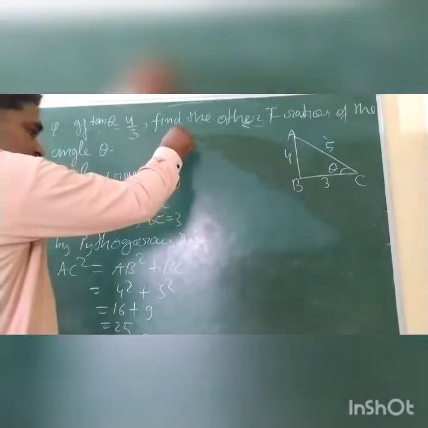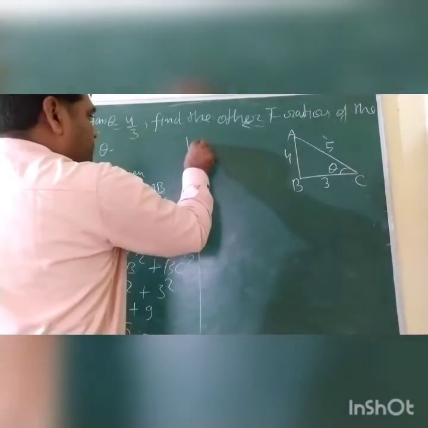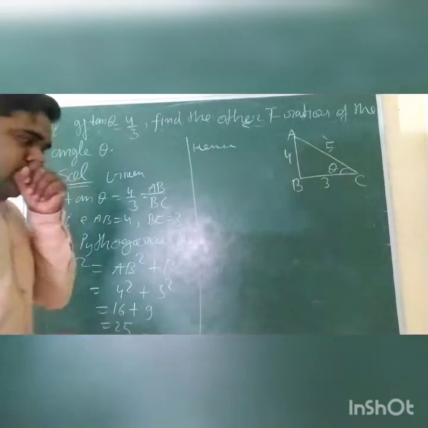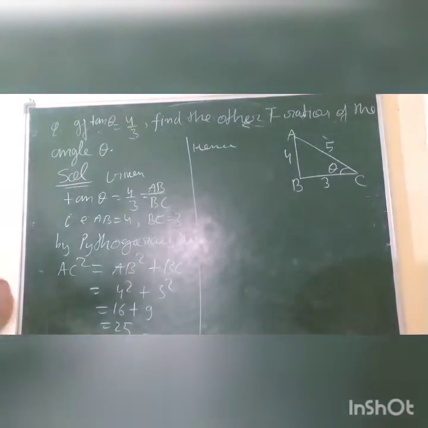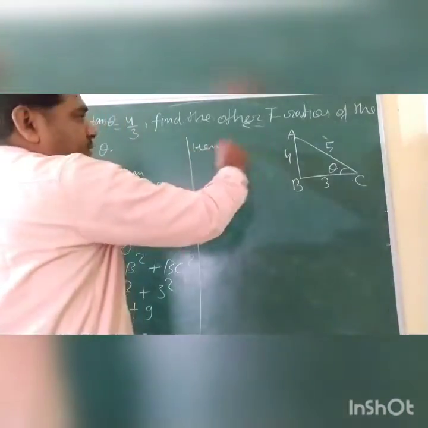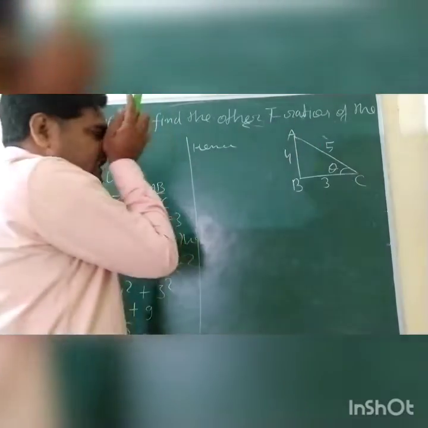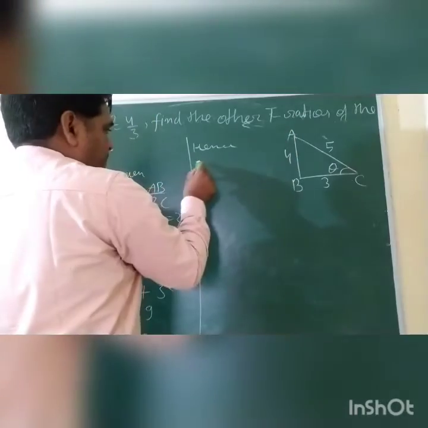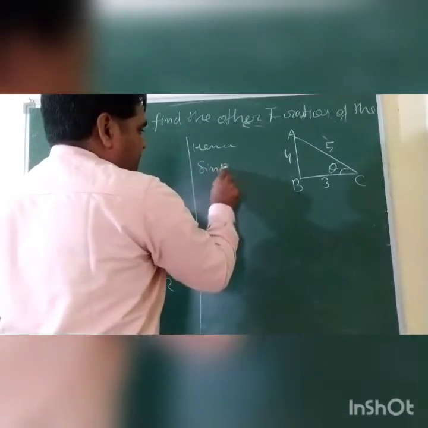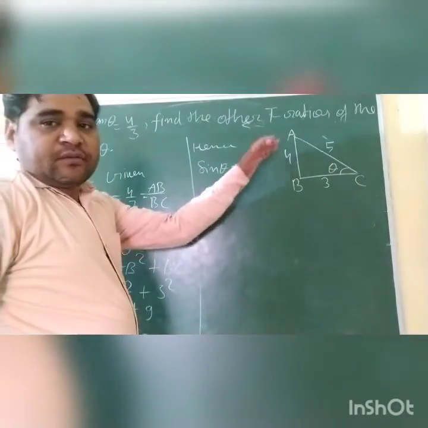Hence we calculate the other trigonometric ratios. Sin theta equals perpendicular by hypotenuse.